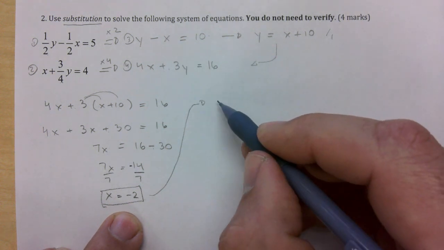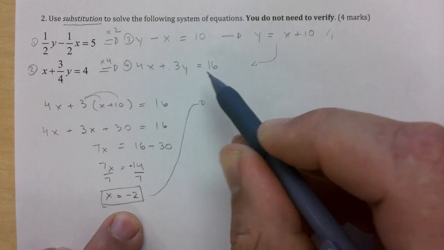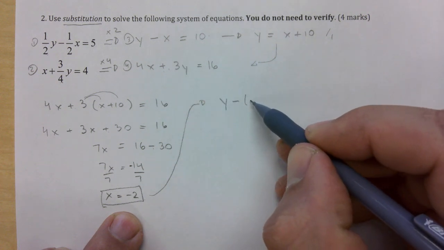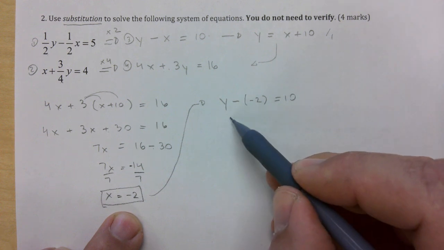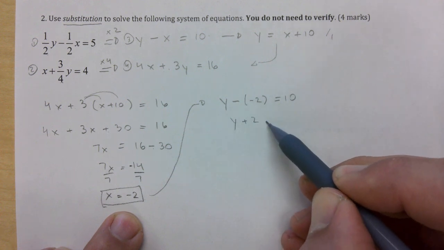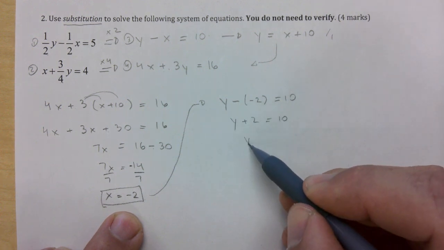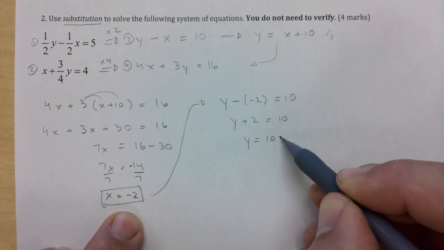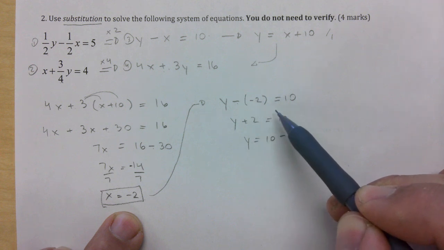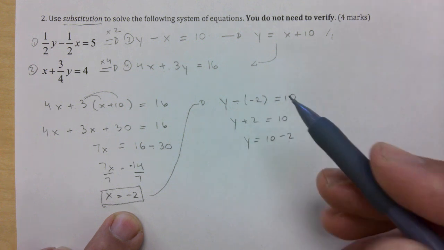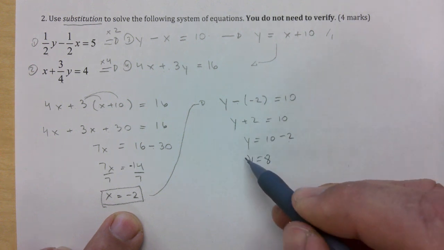So I can go y minus x, and x is negative 2, and that is equal to 10. So you have y plus 2 is equal to 10. y is equal to 10 minus 2. So these two negatives turn into a positive, but when you bring that over, it turns negative. So it's y is equal to 8.